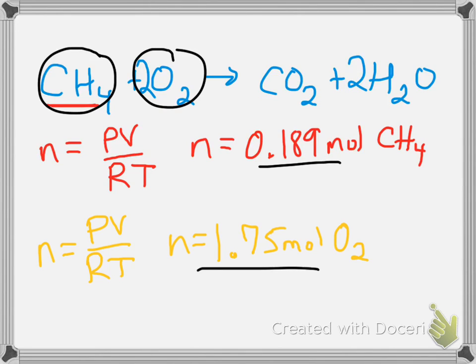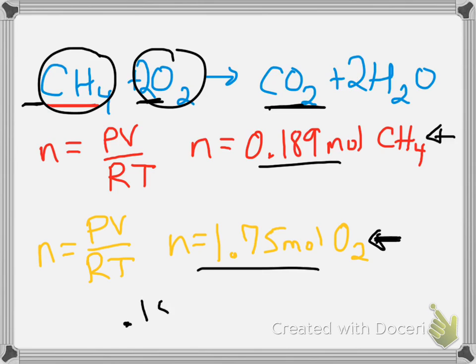So what is our limiting reactant? What is going to dictate how much carbon dioxide forms? Well, we have a 2-to-1 ratio, so we need twice as much oxygen as we do methane. Do we have more than twice or less than twice as much oxygen?